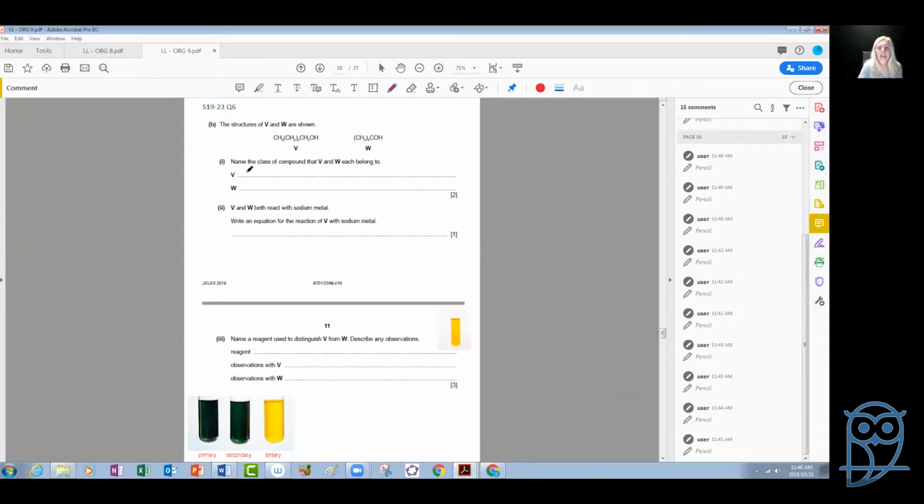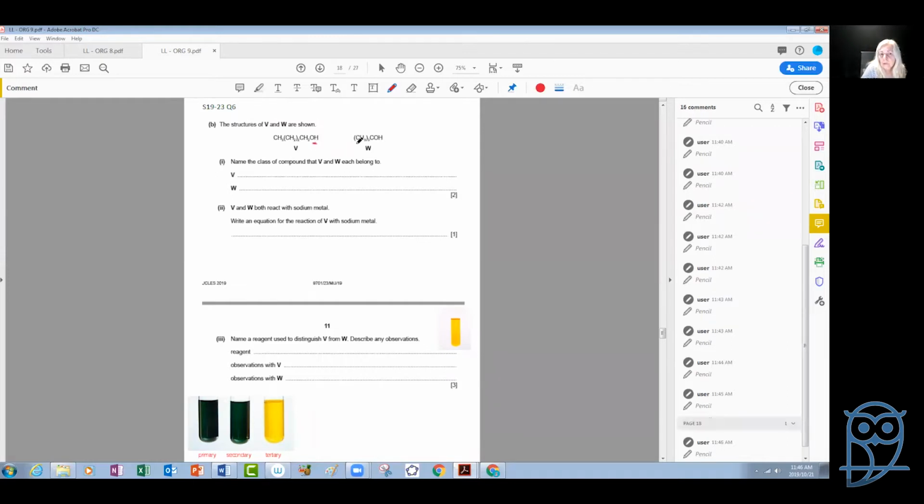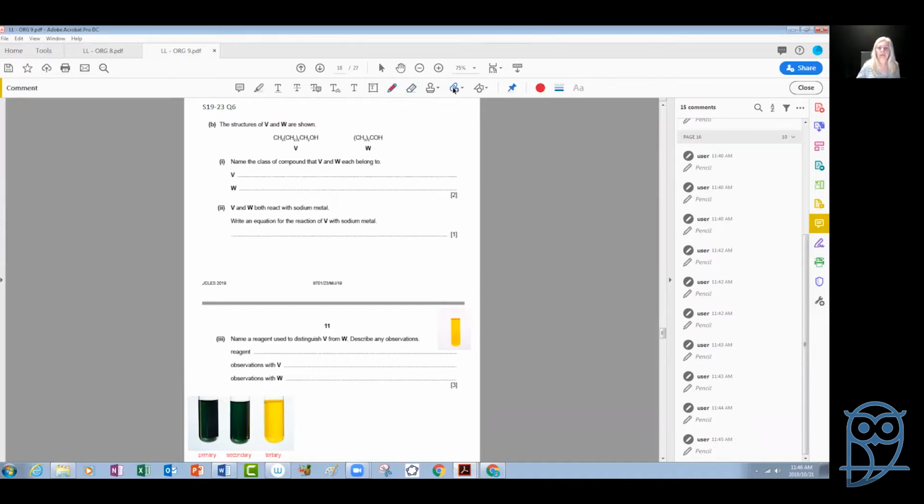Name the class of compound that V and W each belongs to. Well, obviously we can see this hydroxy group, so these are alcohols. But these are not the same type of alcohols, if you notice very carefully. Let's make it bigger.